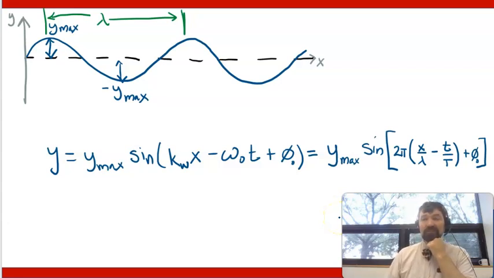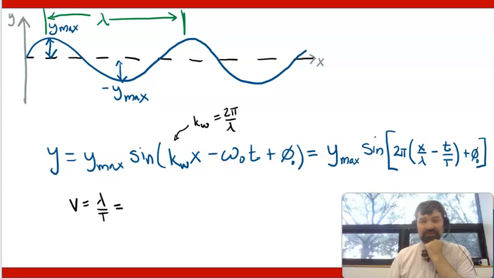in space and time. There's actually another thing we can do here, which is if we recall again that v is equal to lambda over T, and I just made use of k_W, the wave number, that is 2 pi over lambda, and the angular frequency omega naught is equal to 2 pi divided by the period.